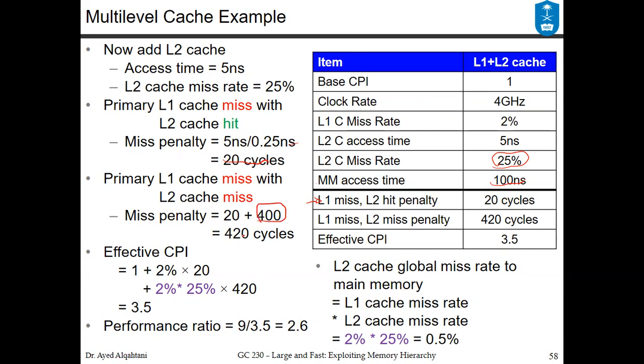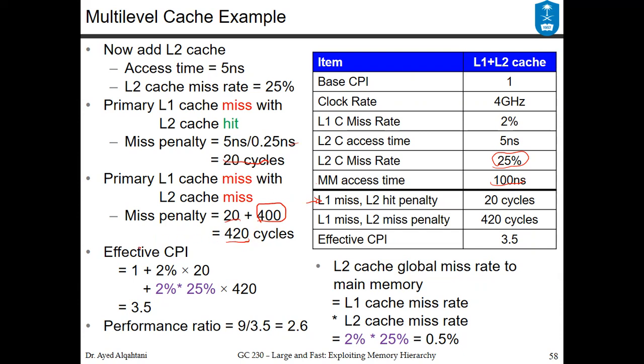So why is the miss penalty 420 and not only 400? Because you went to level 1 cache first and it was a miss. And then you went to level 2 cache and this takes 20 cycles from you, and it's also a miss. And because of this, you will spend 400 cycles more in the main memory. So you add 20 plus 400, and this is 420 cycles.